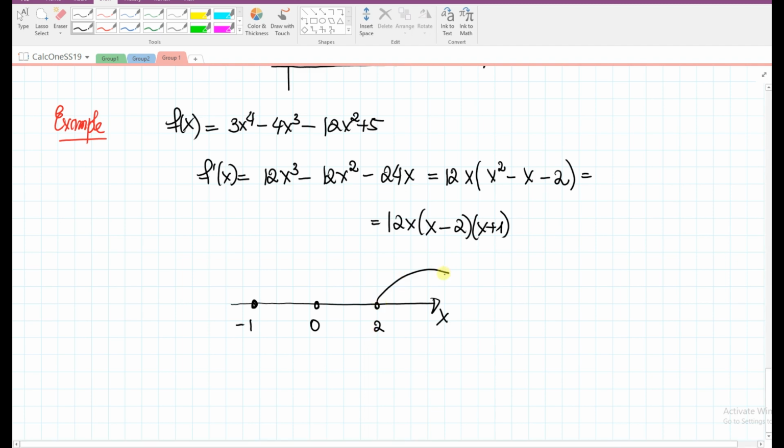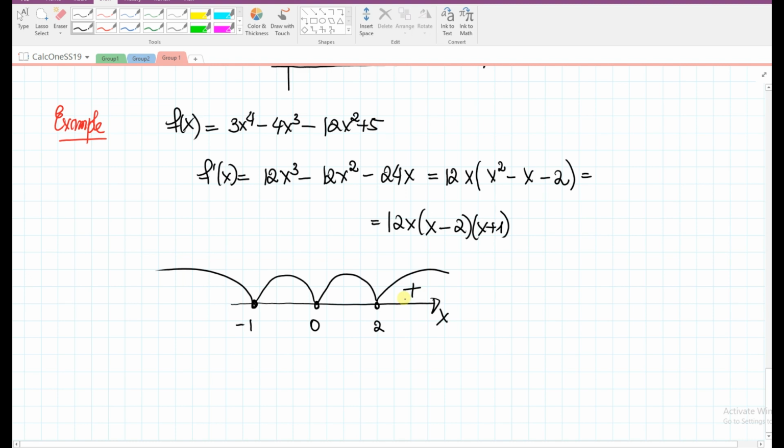The first part, the second part, the third part, and the fourth part. If we choose any point more than 2, this function becomes positive. You can check it. For example, if you choose 3 and put it here, this is positive, this is positive, this is positive, so the function is positive. So for all the points more than 2, the function is positive.